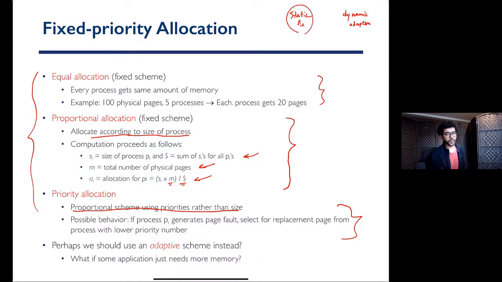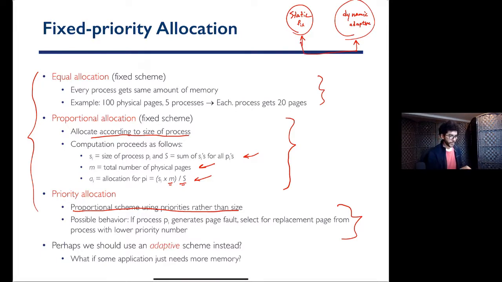Fixed means that whatever you're allocating to your application, you're not going to change it during the life cycle of your application. So you allocate some fixed memory to your application and you don't touch it. With dynamic, it means that as your application goes through different phases, you're going to change its allocation. So these are the two terms that I used.